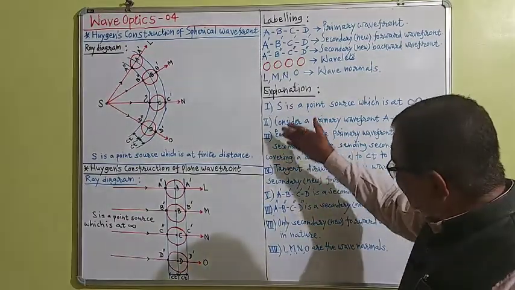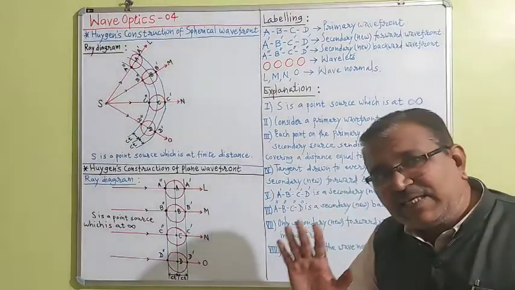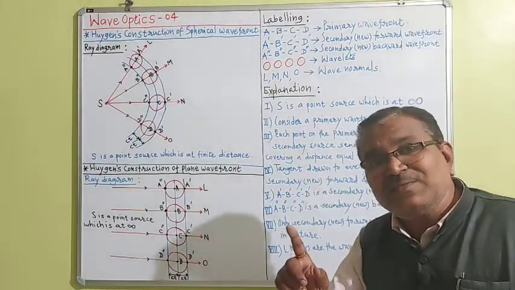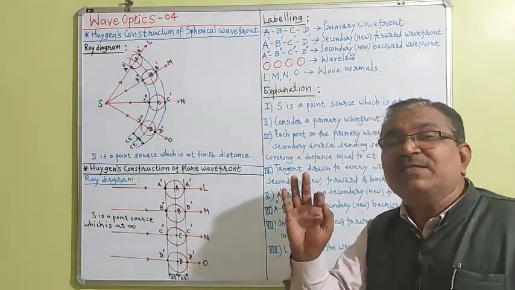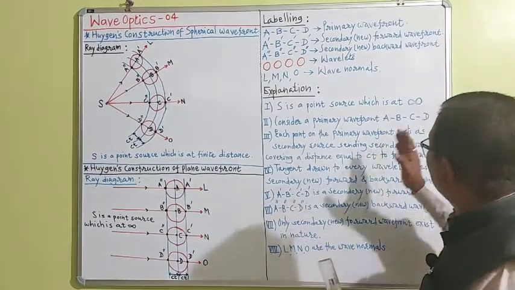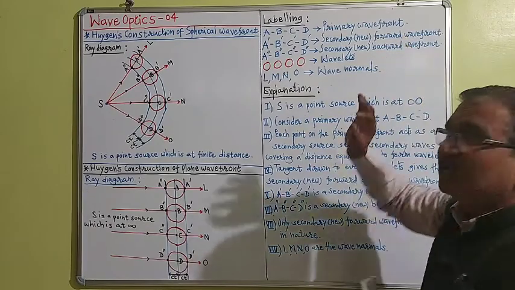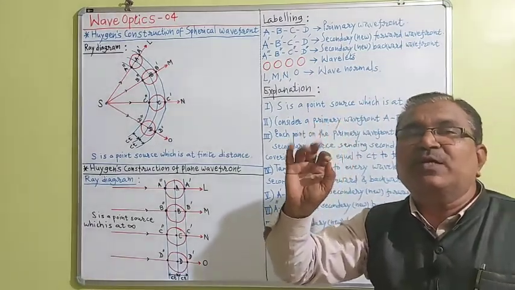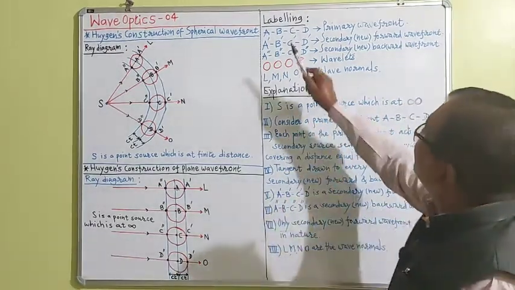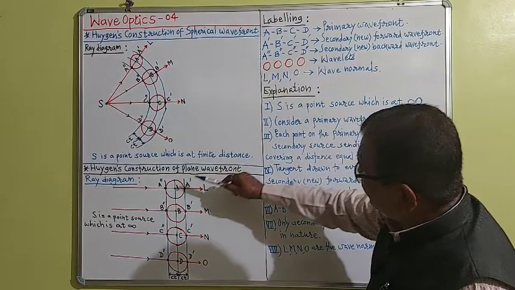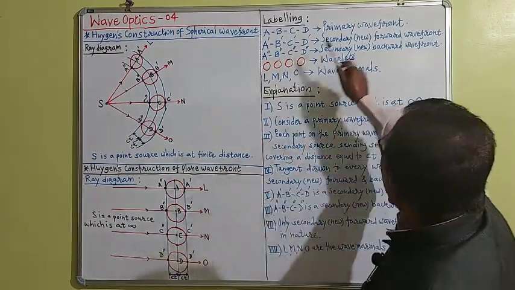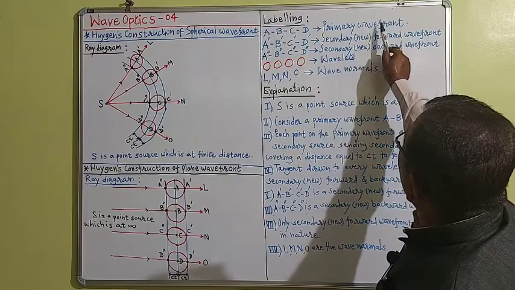Then the explanation remains the same. Only the difference is, what is the difference? Before every wavefront, we have to put the word plane. See here, A, B, C, D, primary plane wavefront.